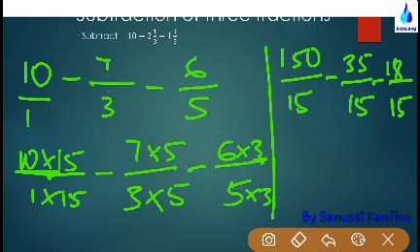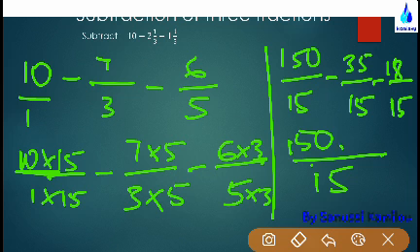We just subtract the top and then keep our denominator. So our denominator is 15, and we have 150 minus 35 minus 18. Now we have to do our subtraction.